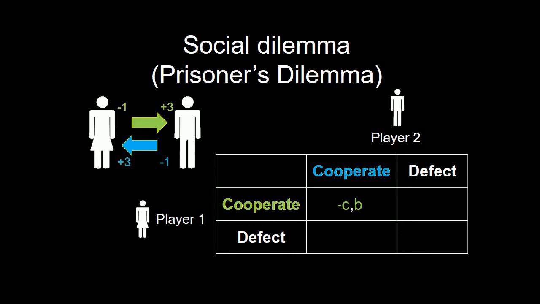So if player 1 cooperates, she incurs this cost and gives the benefit to the other person. There's going to be 1 cell for each outcome, and 2 numbers, player 1's payoff and then comma player 2's payoff. Here, the fact that player 1 is cooperating means that she's incurring this cost and giving the benefit B to the other guy.